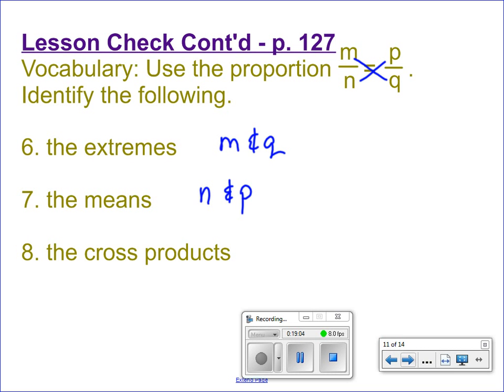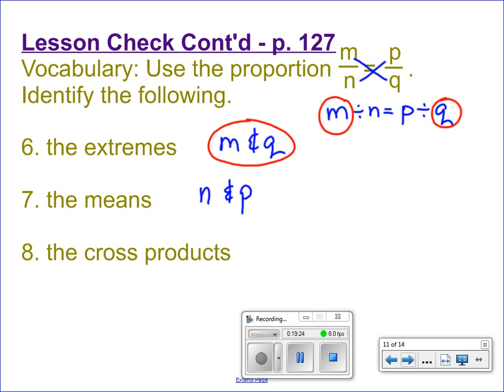All right? If we were to turn them around, and the only reason I think this is true, if I wrote them like this, M divided by N is equal to P divided by Q. The extremes are the ones on the ends, so M and Q. And the means are the ones in the middle, the N and the P. All right?